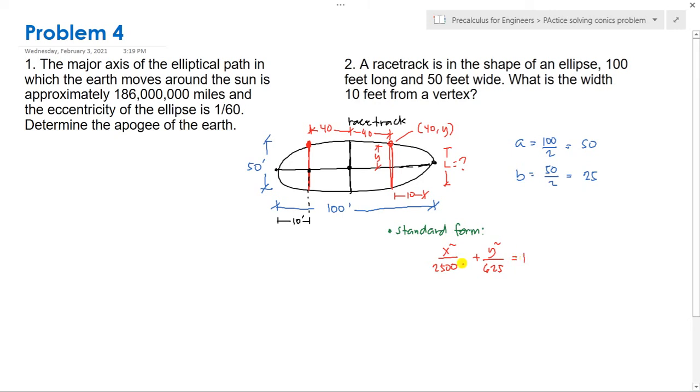So what we are looking for here is y. Since we have x from the point here, 40, what is y there? So solving for y, we have y squared over 625 is equal to 1 minus x squared over 2,500. So I now have y squared is equal to 625 multiplied by 1 minus x squared over 2,500.